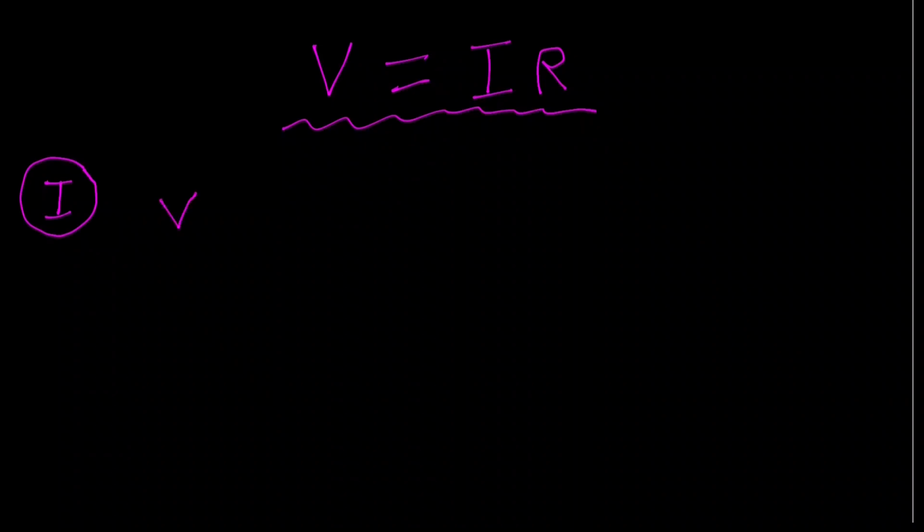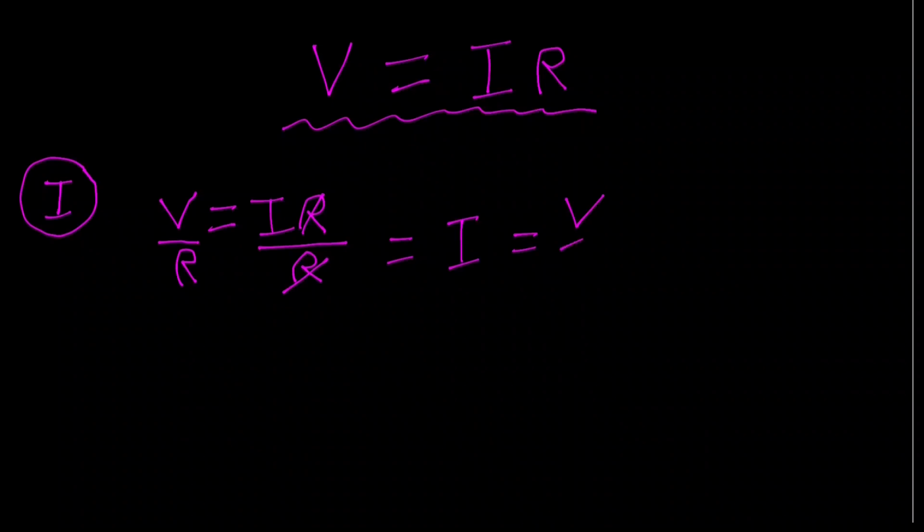If we take the base equation, V equals IR, current multiplied by resistance, but we're actually looking for the current, we want to remove resistance from the right-hand side. So if we divide both sides by resistance, resistance will cancel out on the right-hand side of the equation, and we're going to be left with the current is equal to voltage divided by resistance.